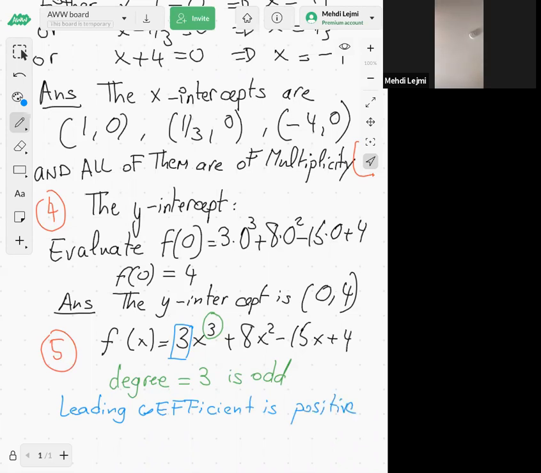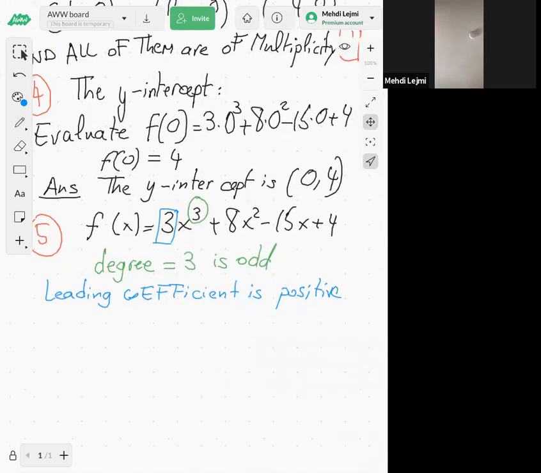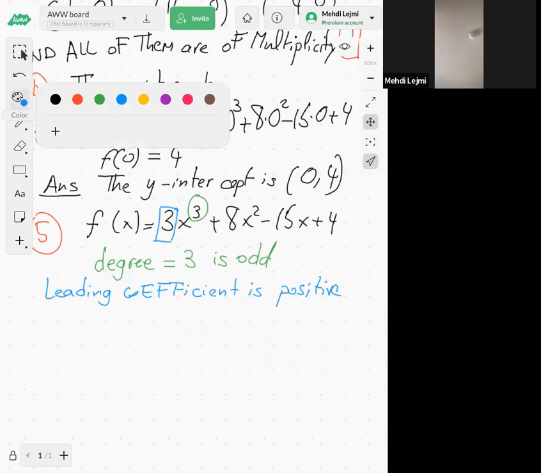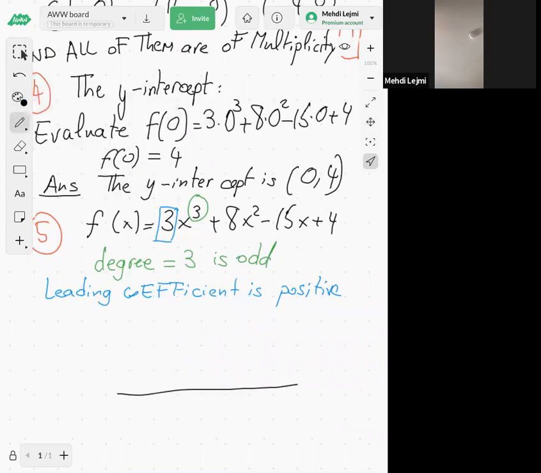If the degree is odd and the leading coefficient is positive, then we are in the following situation. Let's say this is a graph of f of x. At negative infinity, the graph is going to be down here in the bottom, and it's going to go all the way up here. So that's the behavior of f of x at infinity.